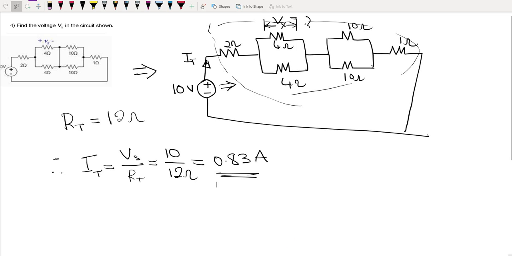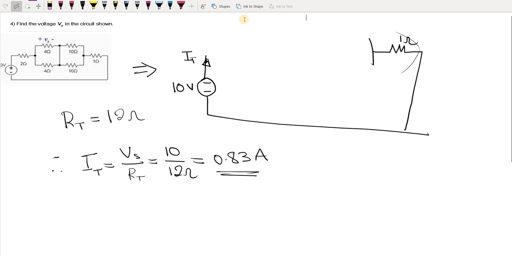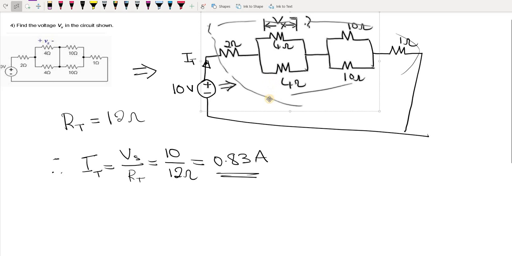Now I can say in this circuit I can mark. Let me see whether it is possible to. What I'll do is I'll selectively remove this.